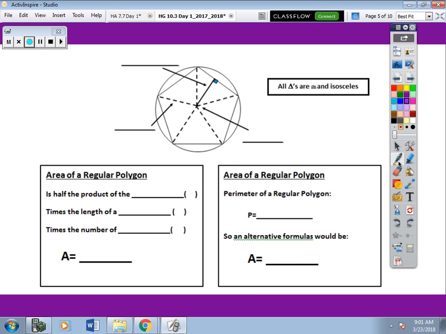So the formula is 1/2 the product of the apothem, A, times the length of a side, S, times the number of sides, which will be n. Remember we used n for number of sides, like n equals 7, n equals 5. So the formula for the area of a regular polygon is 1/2 times A times n times S.